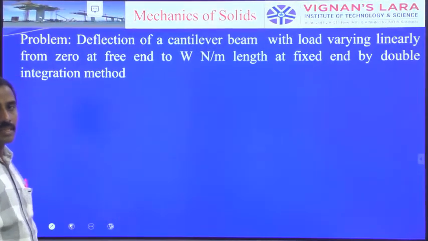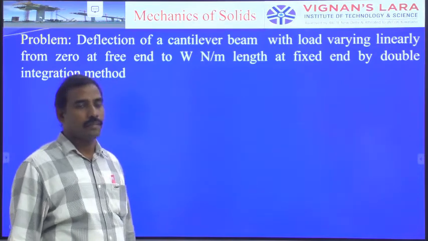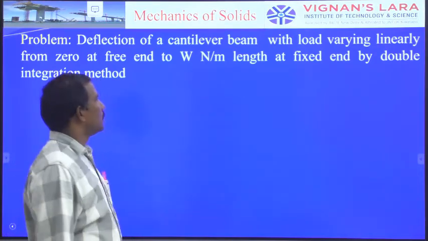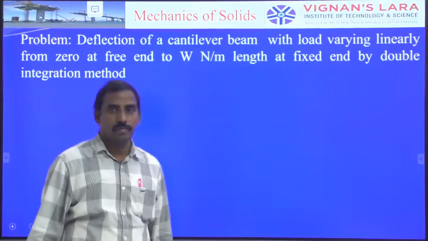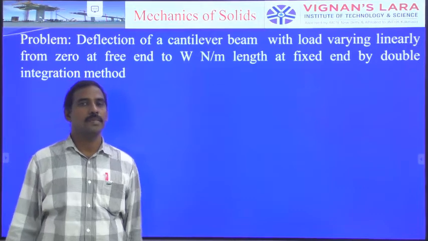So in the previous lectures we discussed calculation of the deflection and slope of a cantilever beam subjected to a point load at free end and uniformly distributed load over entire span.